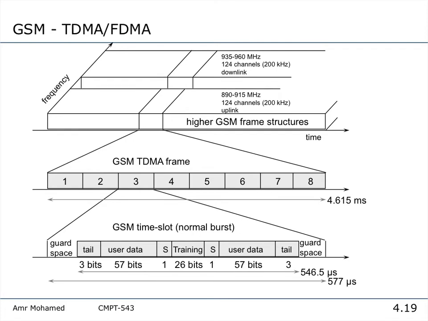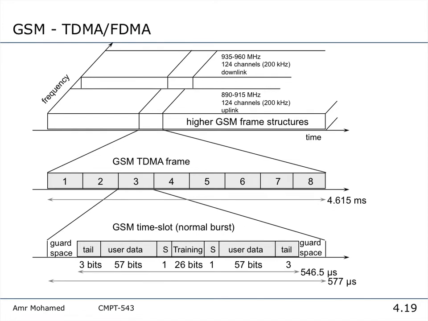Okay, when we zoom in on one time slot, we find that this is the format of one time slot, which means that this is the frame format, which is going to be used by one mobile station. Of course, as we talked about before, in TDMA, we need to have guard bands. Guard bands in TDMA account for propagation delay and ensure that there will be no overlap between the time slots, right?